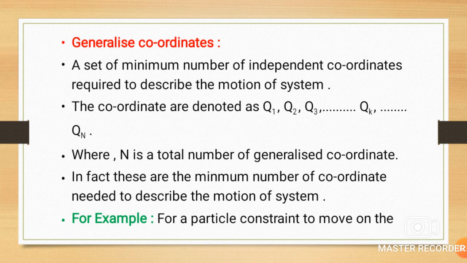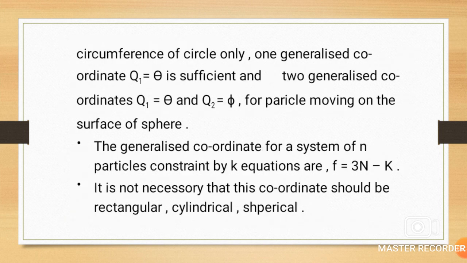Now the examples of generalized coordinates: for a particle constrained to move on the circumference of a circle, only one generalized coordinate, that is q1 equal to theta, is sufficient, and two generalized coordinates, q1 equal to theta and q2 equal to phi, for a particle moving on the surface of a sphere. Here there are two examples. The first example is the particle moving on the circumference of a circle.